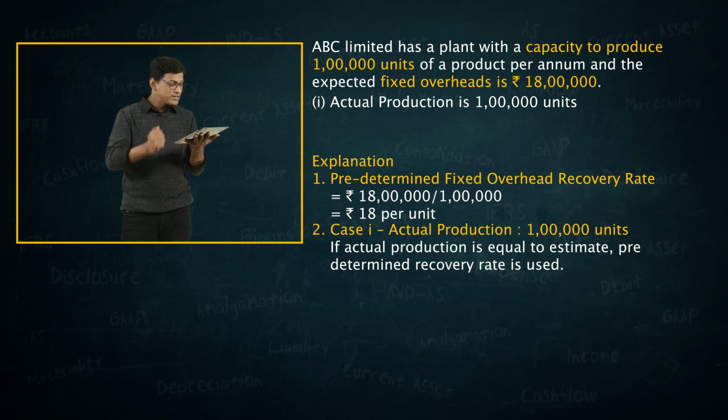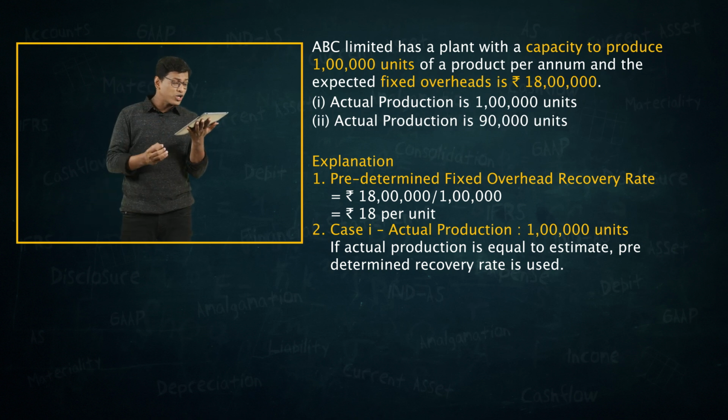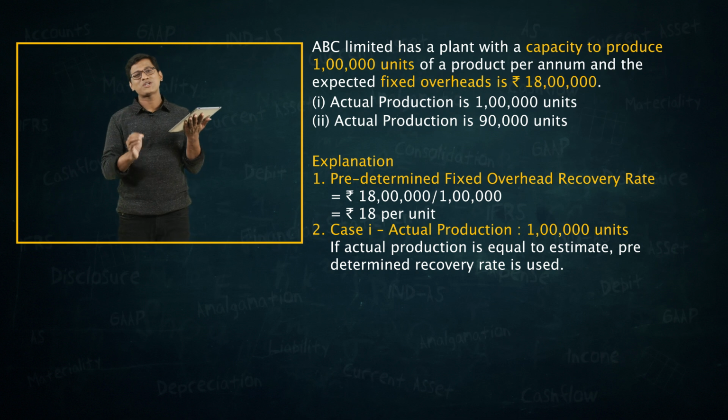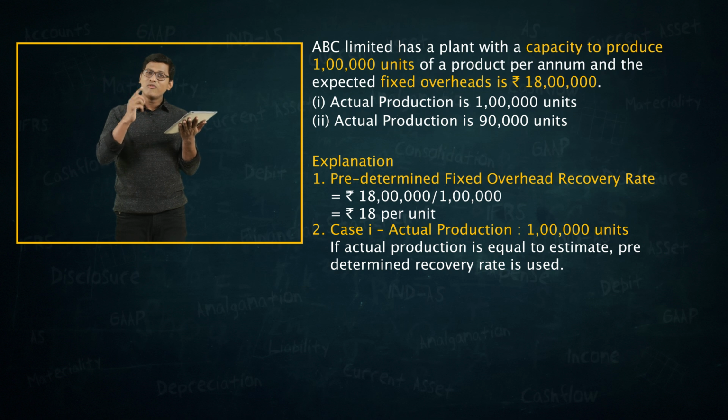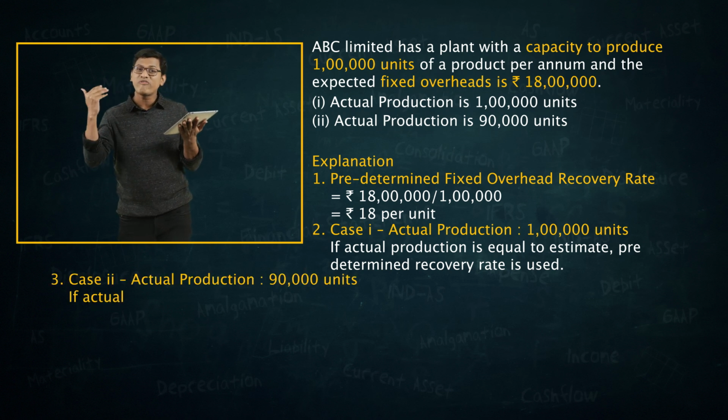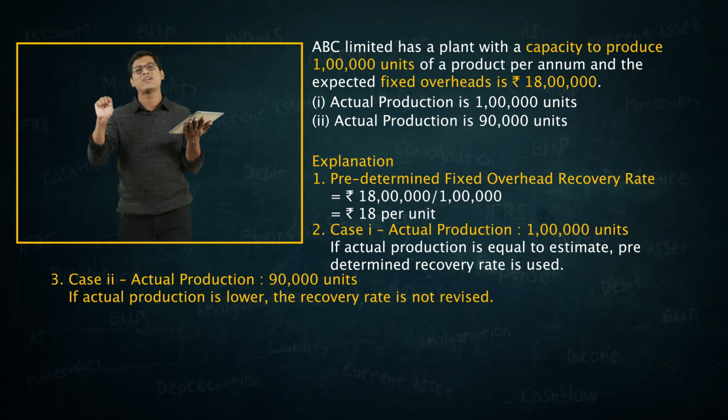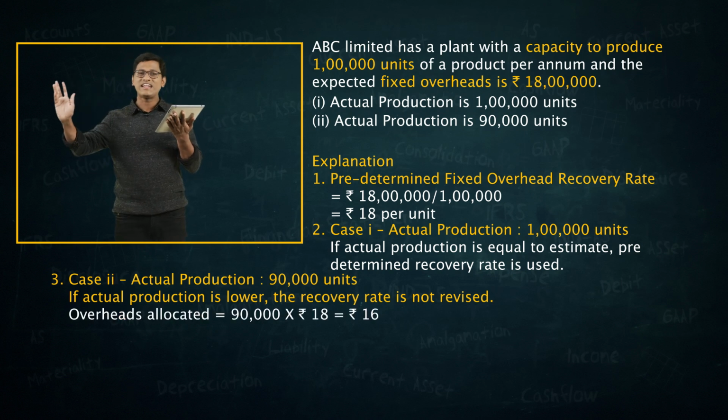Right. Now let's look at case 2. Actual production is 90,000 units. Planned or normal capacity was 1 lakh, but actual is 90,000. When actual is 90,000, do we revise the predetermined fixed overhead recovery rate? No, we don't revise that. So you will continue at 18 rupees into 90,000.